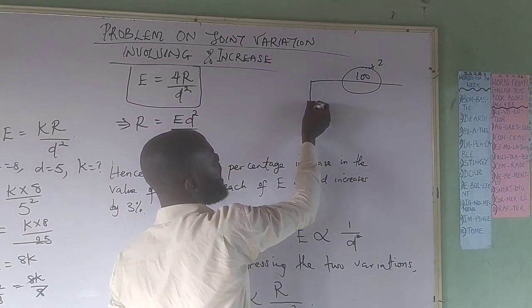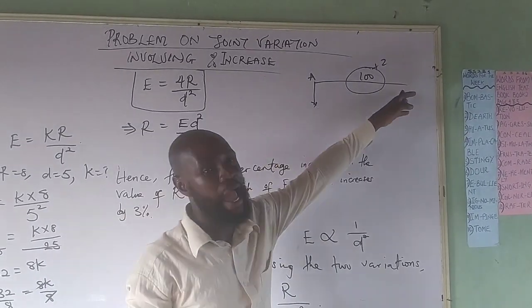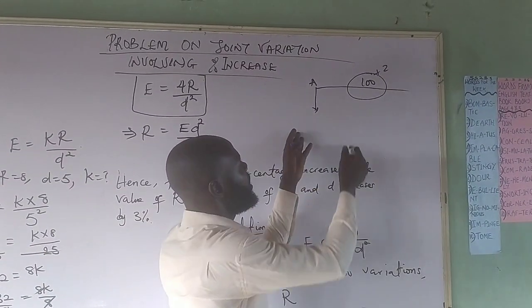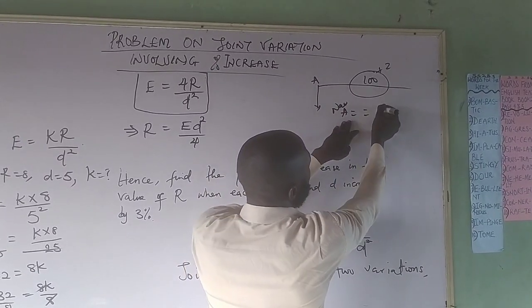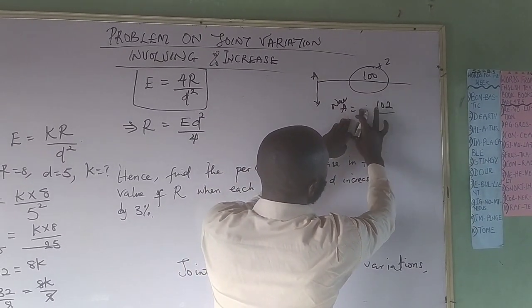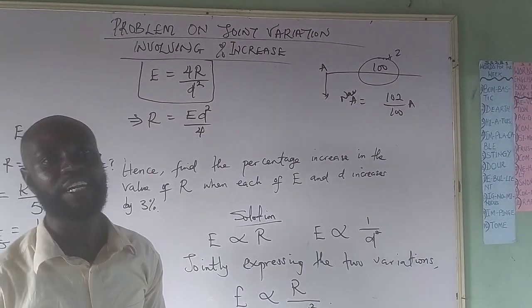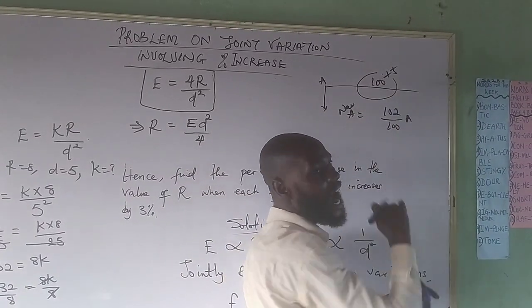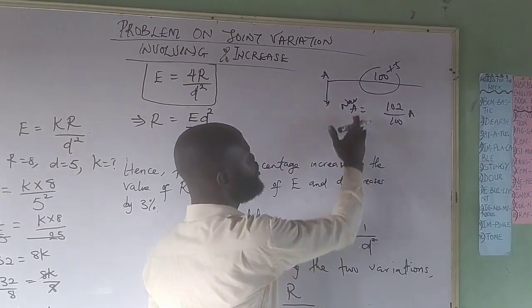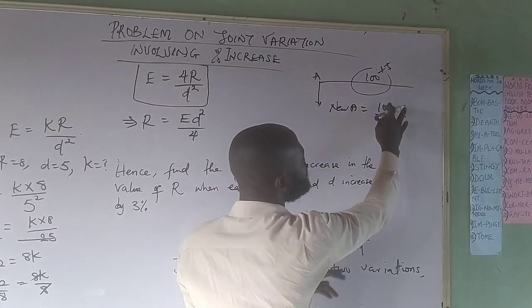If this one is my old quantity A, my new quantity A will be 102% of the old A, because I have a percentage increase of 2. If I have a percentage increase of 5, just add 5 to 100. Then the new quantity A will simply be what?